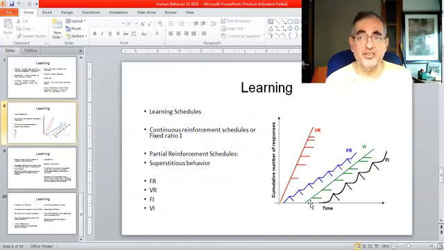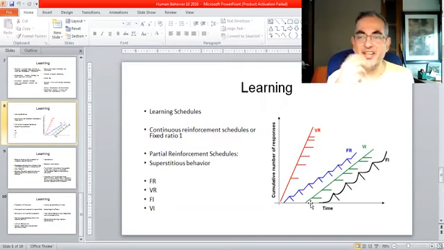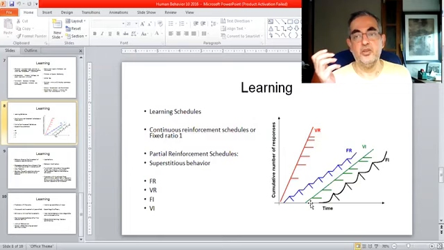It's very, very resistant to extinction, which is why if you're trying to get someone to stop a behavior, it's very important to be consistent in giving a learning signal. अगर आप variable interval पे देंगे, so that behavior is more likely to become severely entrenched.